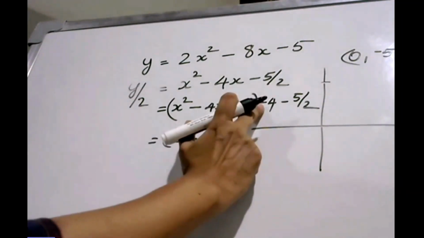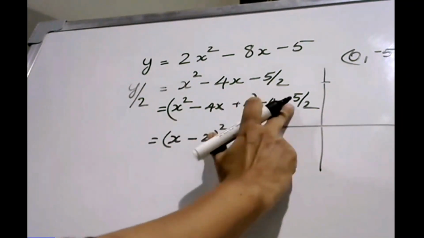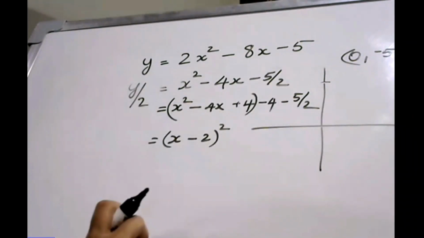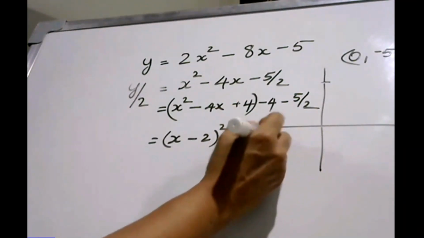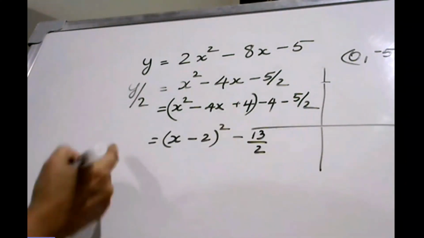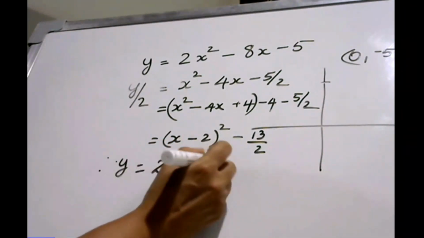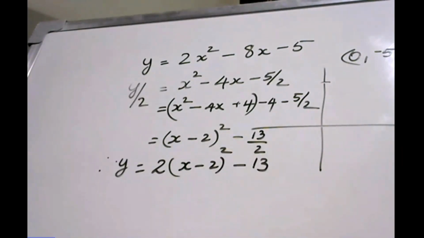And what remains? If there is any doubt, please ask me. So -4 and -5 over 2. So -8 minus 5, which is equal to -13 over 2. Therefore, y is equal to 2 times x minus 2 the square minus 13.